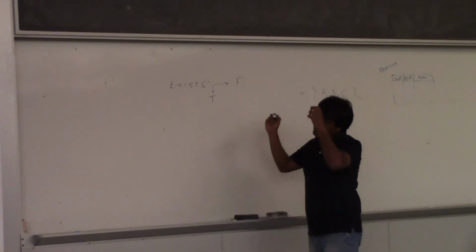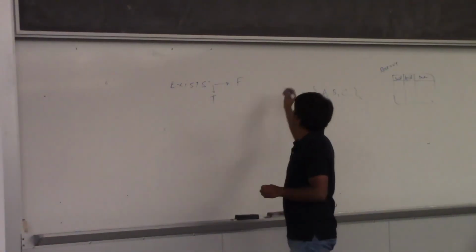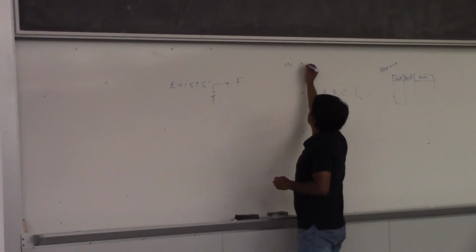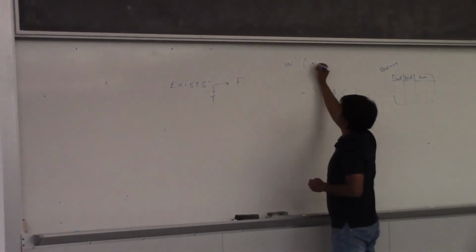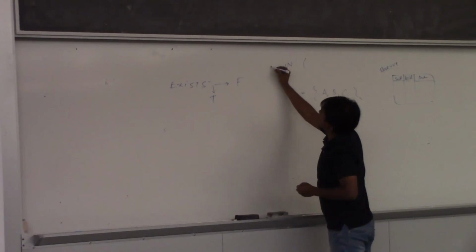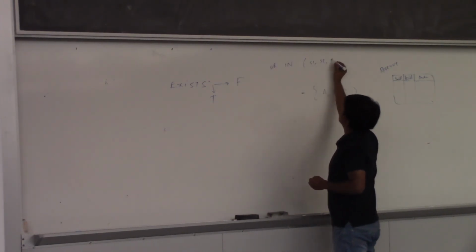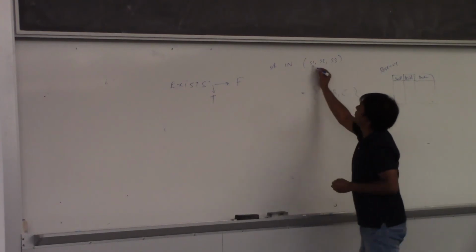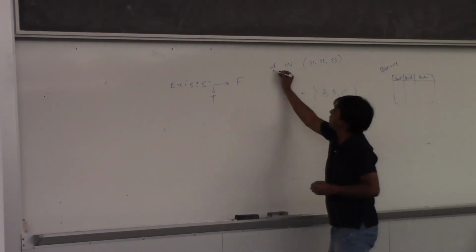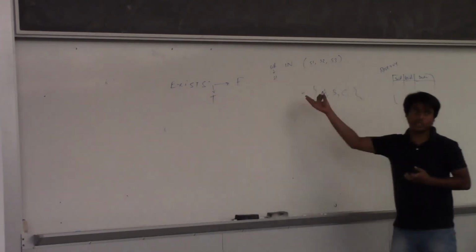Even in the case of IN, you look at the multiset, say sid, you see S1, S2, S3, and you check if any one of them is equal to this one.